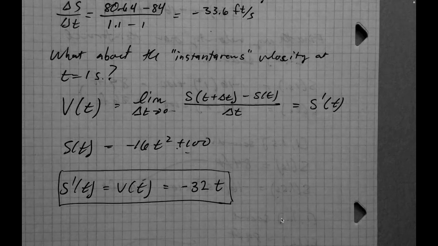All right, very good. This is a super valuable application of derivatives in physics. In fact, if you take an introductory physics course, this is almost certainly what you'll start on. If it's calculus-based physics, you'll start with this relationship.